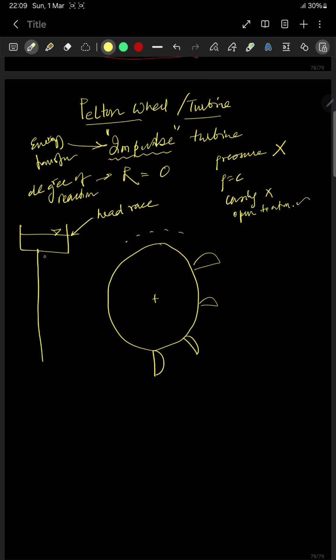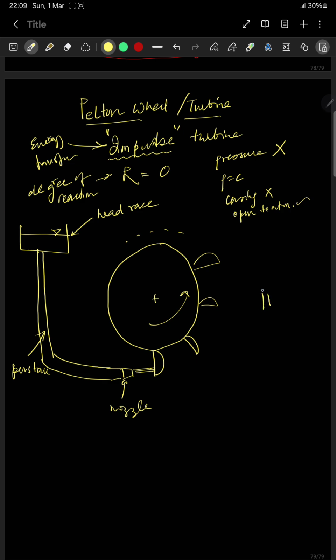From the head race, the water comes through this called penstock. This is the nozzle. The water hits the blade and the wheel rotates in this direction.